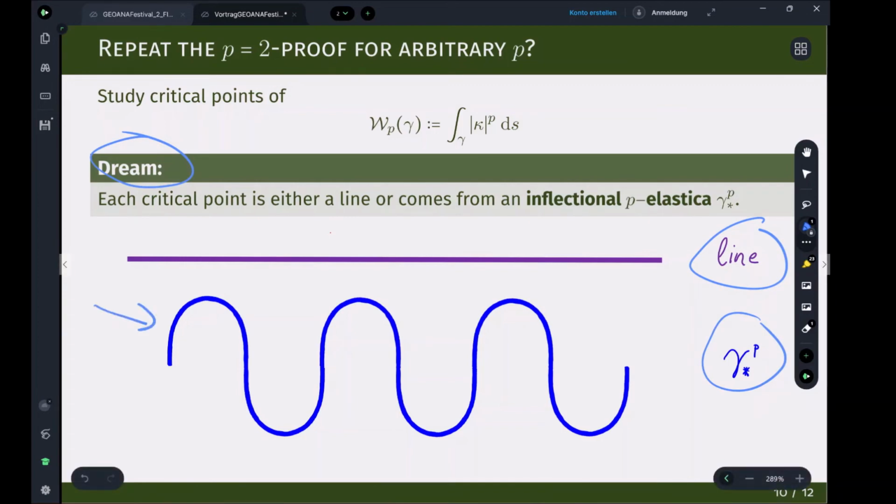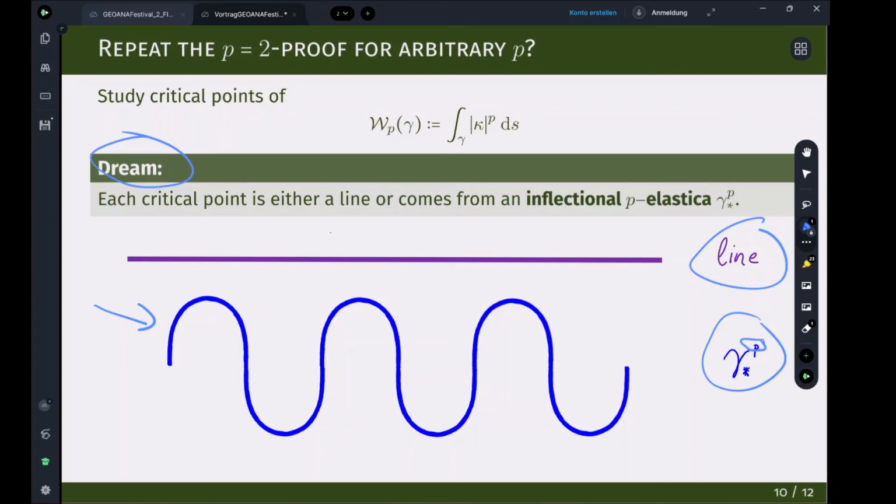So again, a curve of this type, maybe now being a little different with different p's, but still having this inflectional property and having sort of the same properties as this gamma star that we used before. And why do we wish for this?